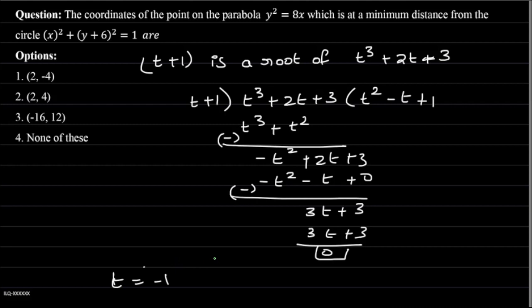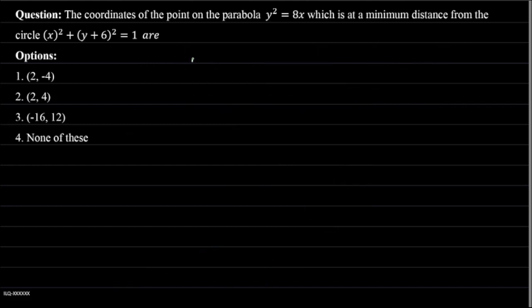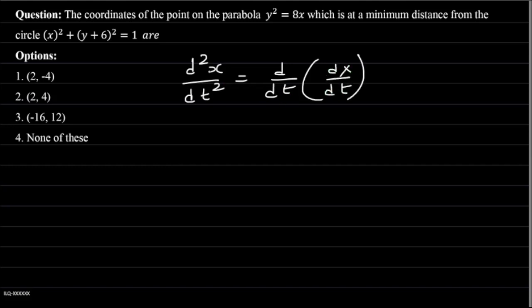After that, I need to check at t equal to minus 1 whether the function is a minimum or a maximum. For that purpose, I'm further differentiating. So d square x by dt square is equal to d by dt of dx by dt, and I need to calculate this at t equal to minus 1.